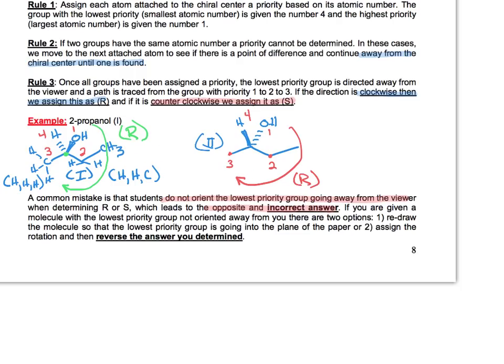If this one was R, this one has to be S.